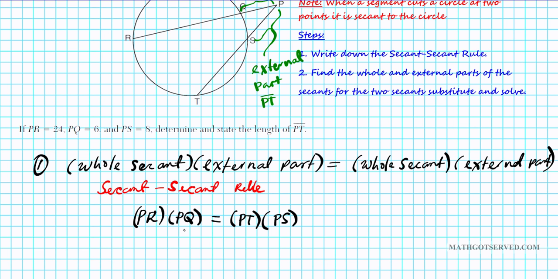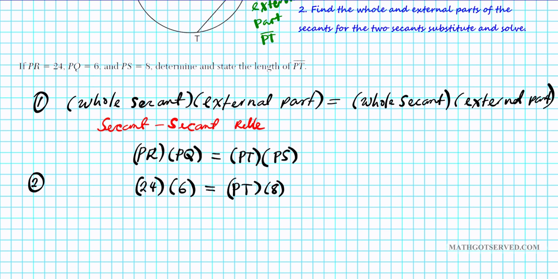Now, for step 2, we're just going to populate this equation with the measures we know and find the one that we do not know. PR is 24, PQ is 6, PT is what? That's what we do not know. And PS is 8 units. So we have this algebraic equation, and all we have to do is solve for PT.